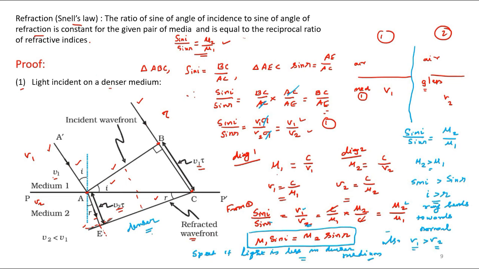Also in a denser medium, speed of light is less. This is contrary to the prediction of corpuscular theory. Corpuscular theory says that speed of light in a denser medium is more, but that is not correct. It was experimentally proved that in the denser medium, speed of light should be less. Here also we get the same thing. Speed of light is less in a denser medium.